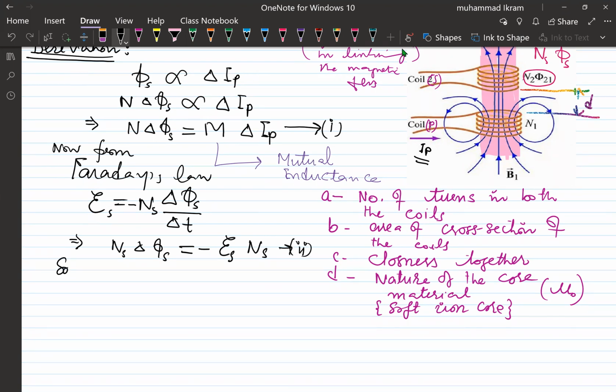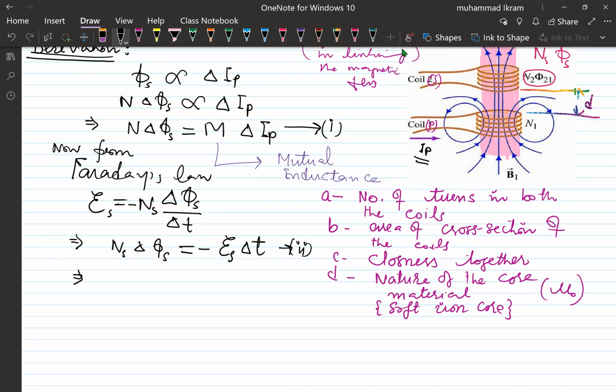So from 1 and 2, we can write it. Sorry, I'm very sorry. This is delta t. Look, here it is divided, there it will be multiplied, right?